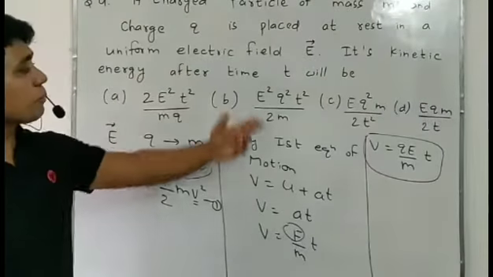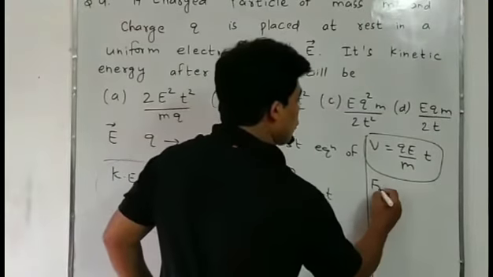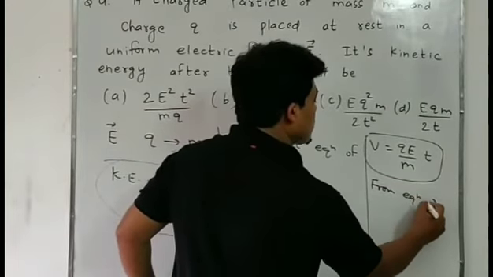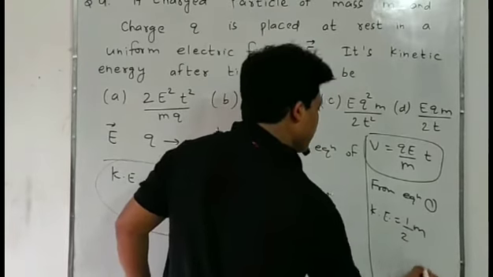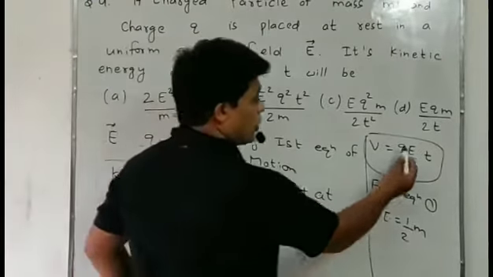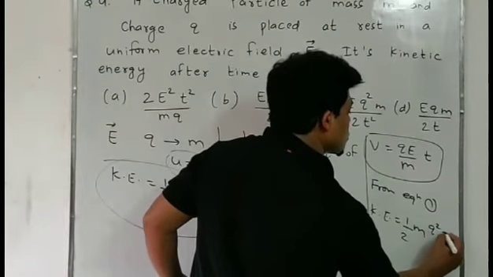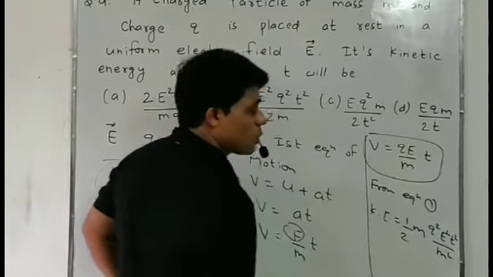kinetic energy. Okay, so we'll apply this formula half mv square. So from equation first, kinetic energy is half m as it is. Look, what is v? This is v square. So that becomes q square e square t square by m square.